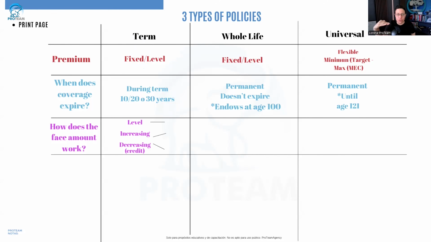If I started at 200,000, maybe next year is going to be 205, and the year after that, 210, and the next year after that, you get the point. Okay. So that's what increasing means. The only thing that increases is the coverage, not the premium, and definitely not the term of the policy. If it's a 30-year term, this is going to increase for 30 years. A lot of people ask, hey, how do I know? Right?